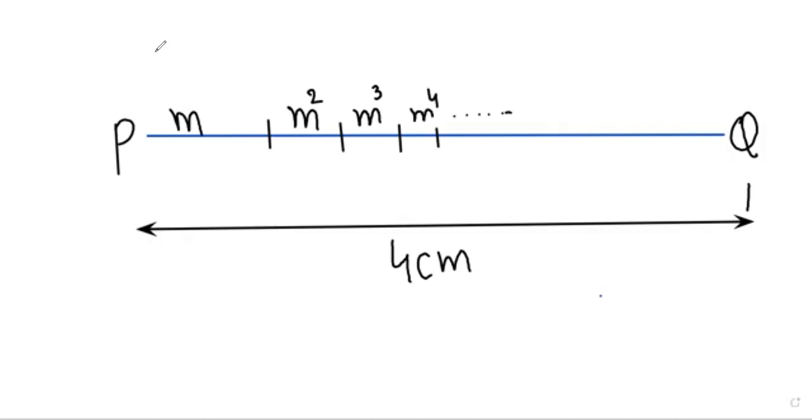We can follow geometric progression here. In a geometric sequence, the common ratio is R, and R is second divided by first. So this is M squared divided by M, equal to M.